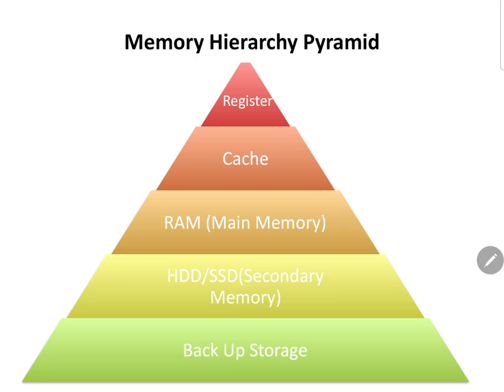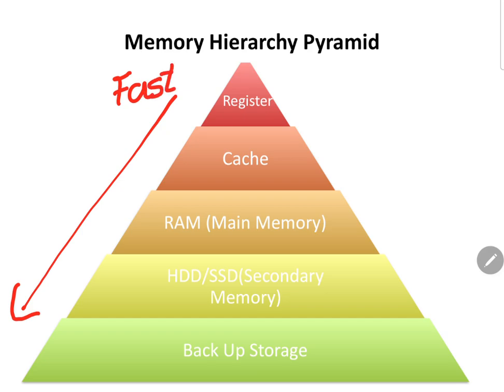So here, as you can see, these memories transit from fast to slower. So here you have the faster one and this goes down towards the slower one. Here each layer serves a specific purpose in optimizing data access and system performance.